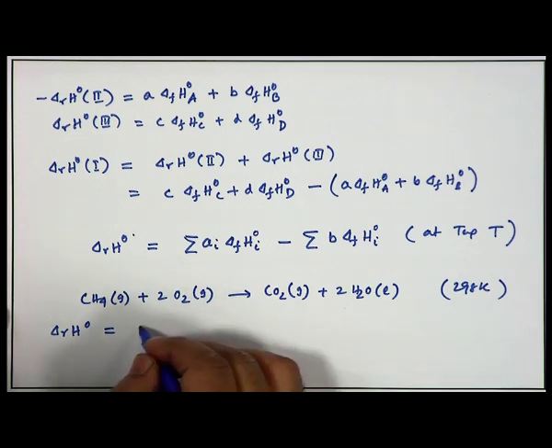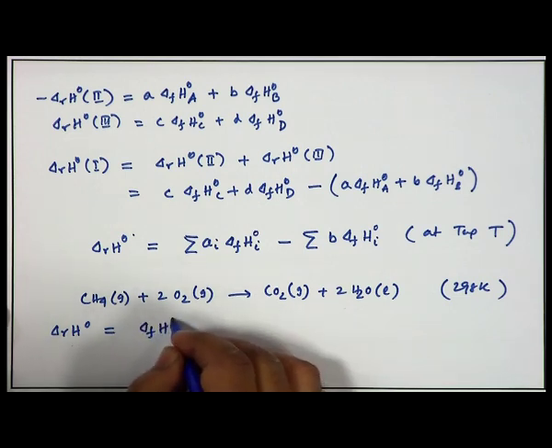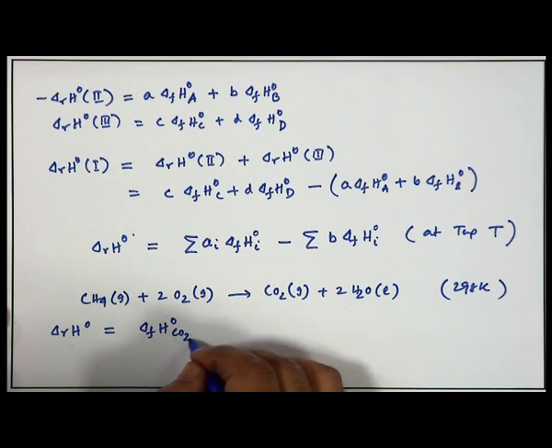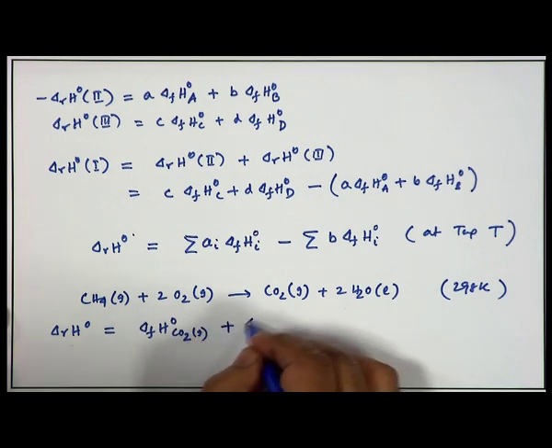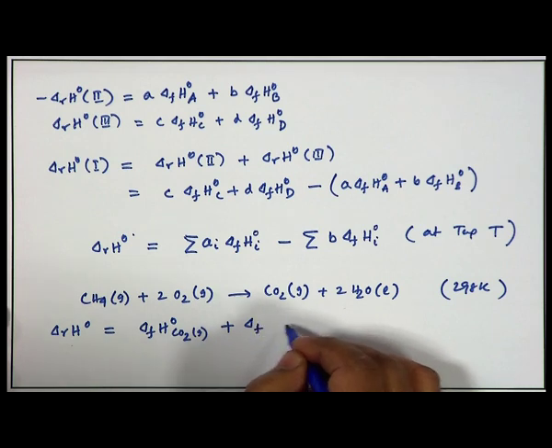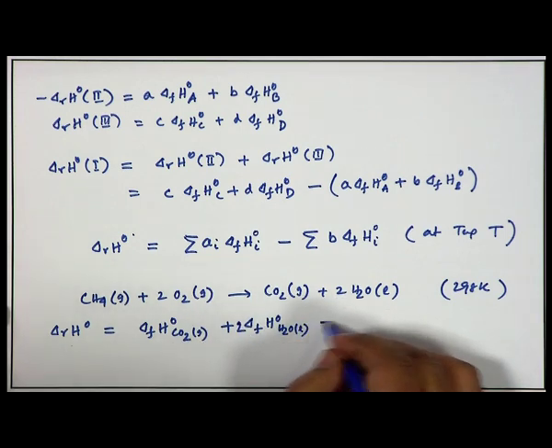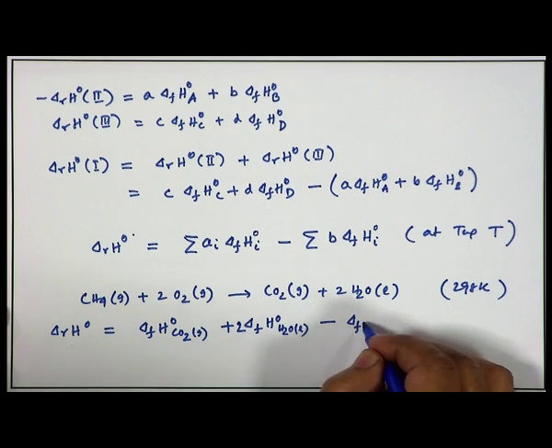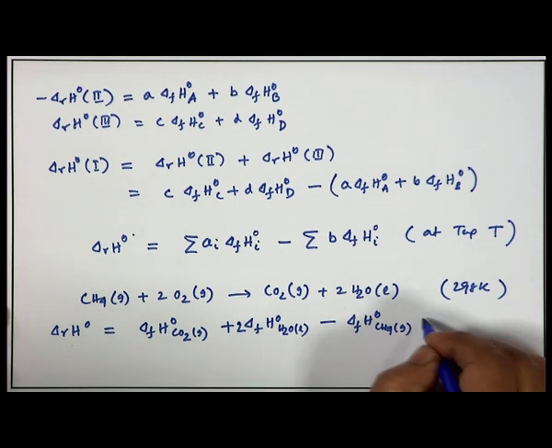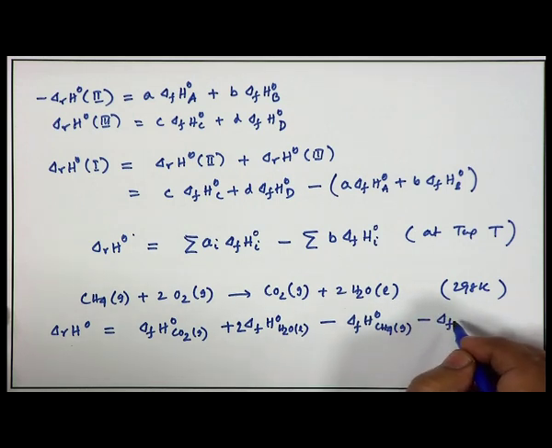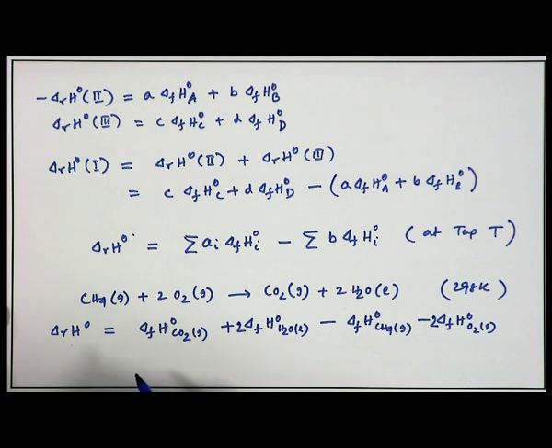For the products first, delta F H 0 of carbon dioxide gas plus delta F H 0 of H2O liquid, 2 moles, so we have to put 2 here, minus delta F H 0 of CH4 gas minus delta F H 0 of O2 gas, 2 here because of 2 moles.